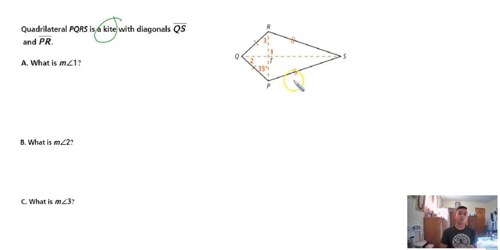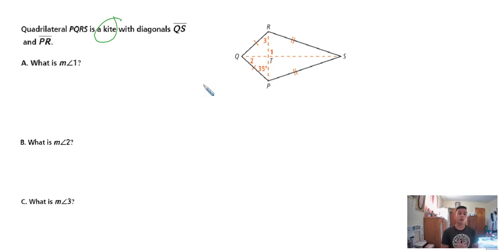The diagonals are QS and PR. These two diagonals are perpendicular, so at their intersection they form a 90-degree angle.